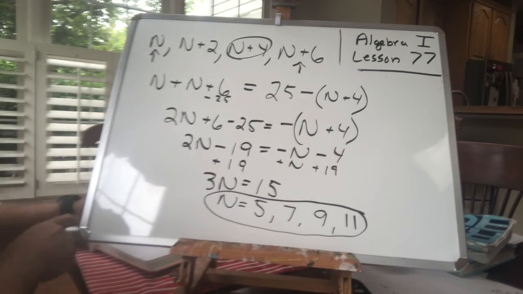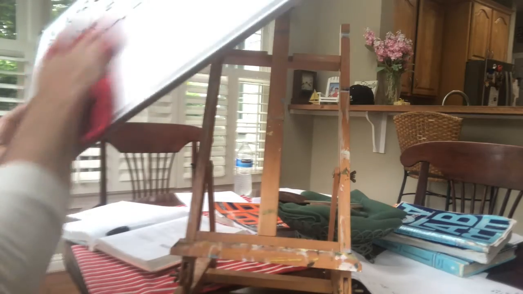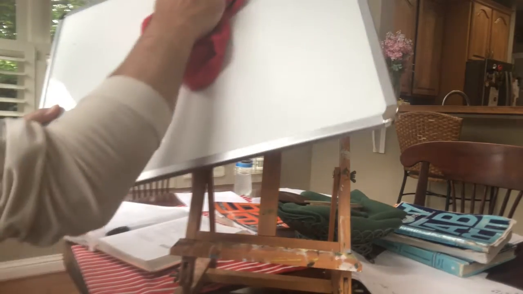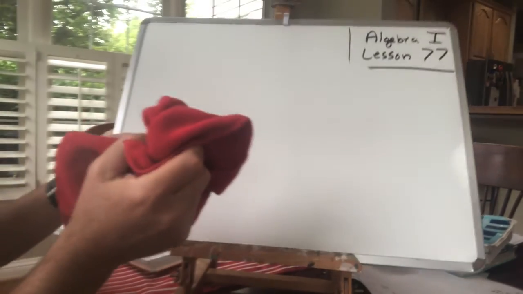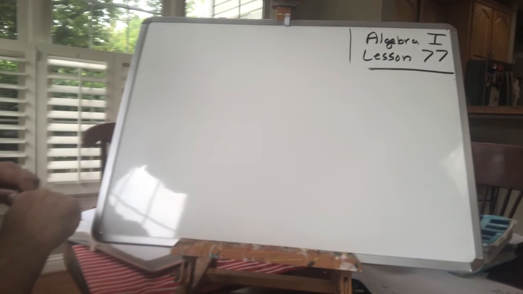Okay, moving on to the second part of the lesson. I'm only going to do one example right here, and it's going to be the last example. This will be example 77.6.